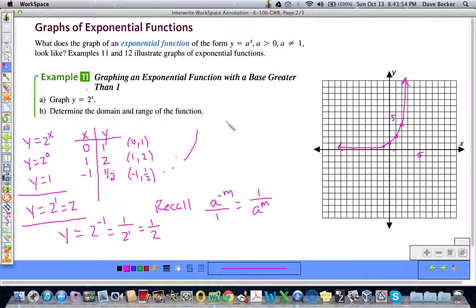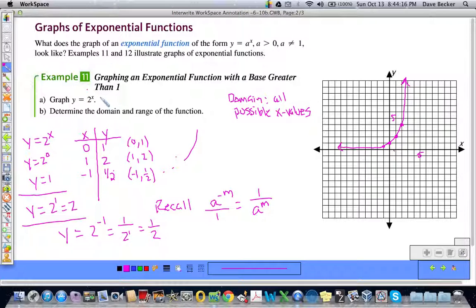What's the domain and range? Well, domain, remember, are all possible x values. And all you're looking for is anything that you can't substitute for x.